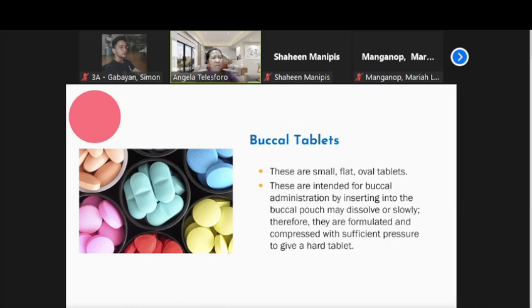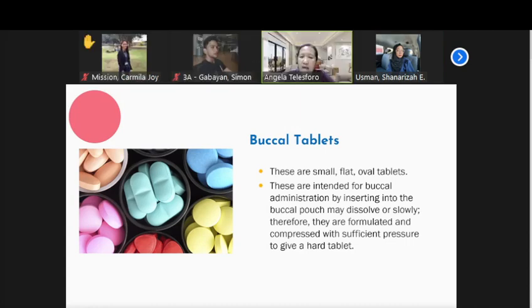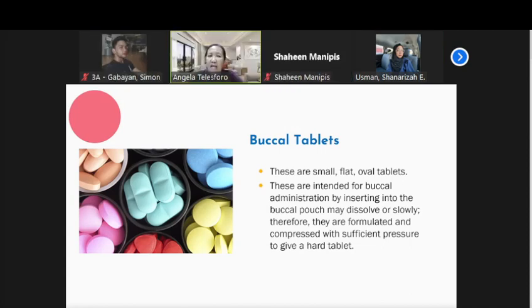Okay. When do we give, what is the reason why we make it into a buccal tablet? Usman. Yes, ma'am. Ano po ulit yung question? Bakit may mga product na kailangan gawing buccal tablets na ipa-dissolve mo dyan sa gilid ng buccal pouch?